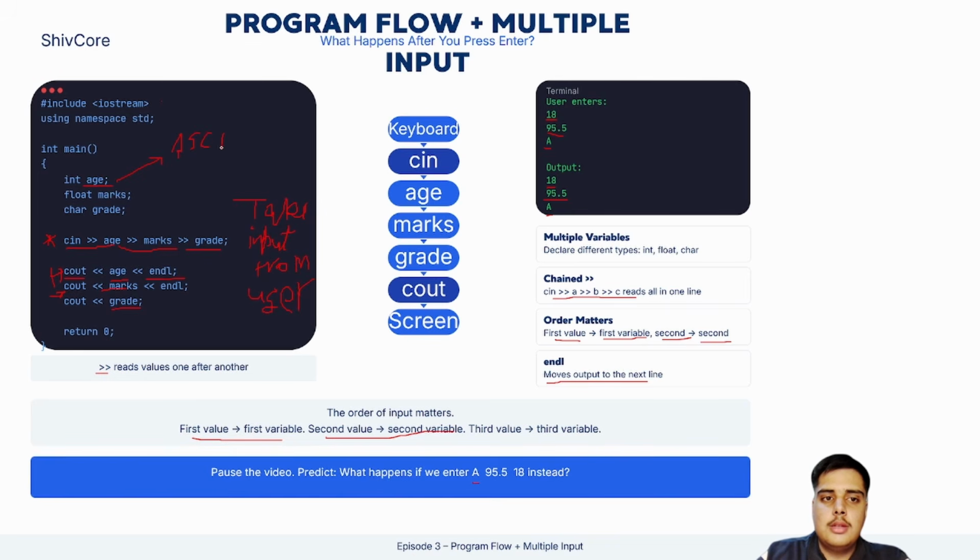Understand this. It's critical for MCQs. It will take its ASCII value for A. When we say 95.5 for float, it is the same as before, so it will take it as it is. And for char grade, when 80 is written, it will simply store it as in string. That's it.